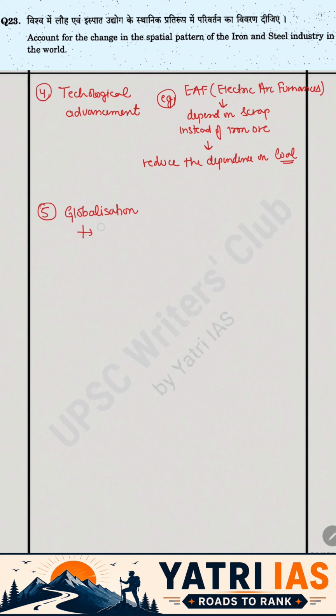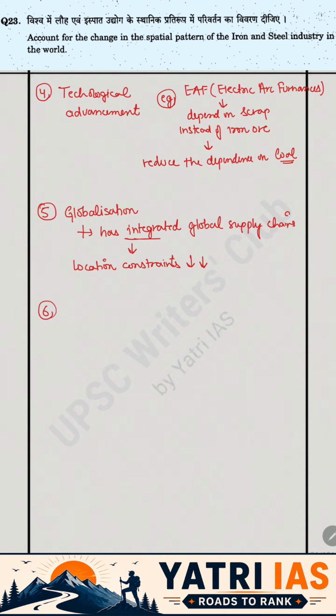Then you would mention globalization has integrated global supply chains. And due to this integration, location constraints are significantly reduced. After this, you would mention very important point, that is availability of cheap labor in developing countries, which has prompted these big iron and steel industries to these regions.